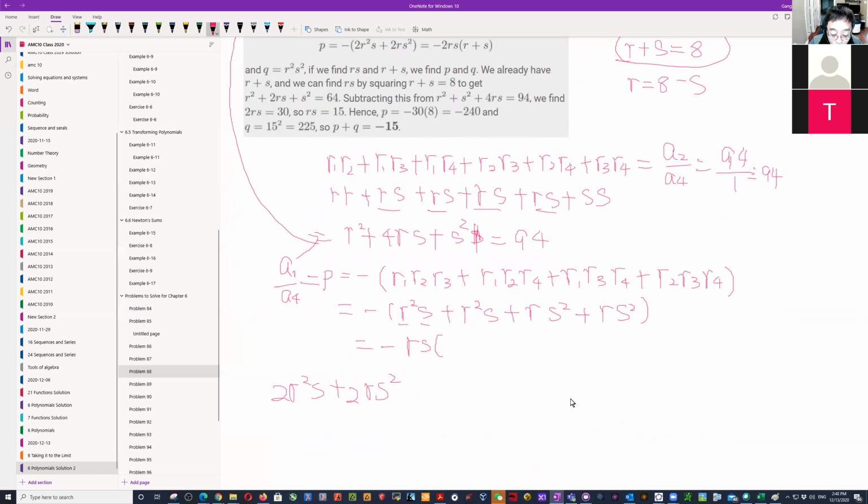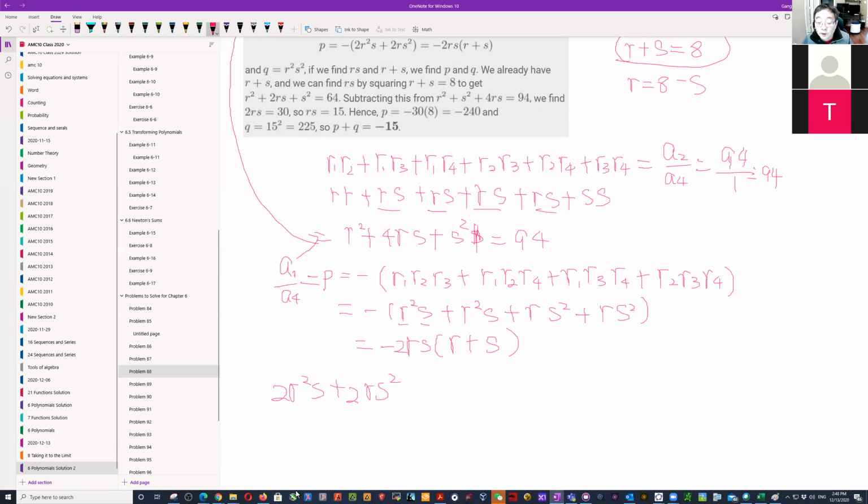So basically it's R plus S and 2. If I multiply them back, it should be able to get those.